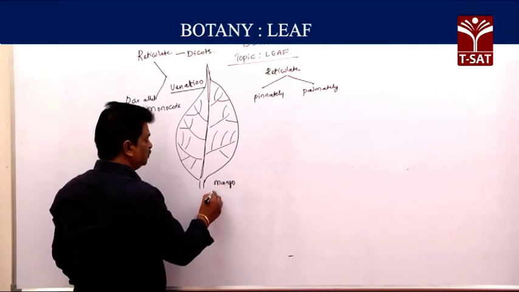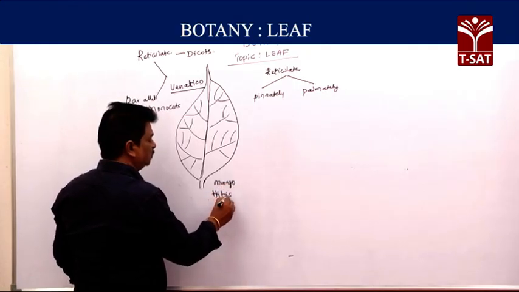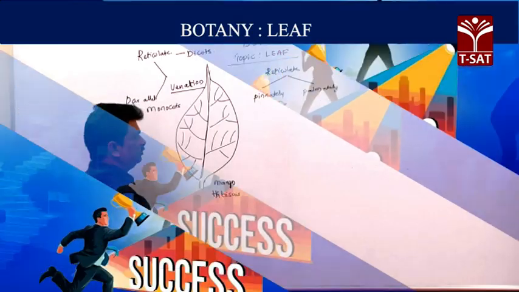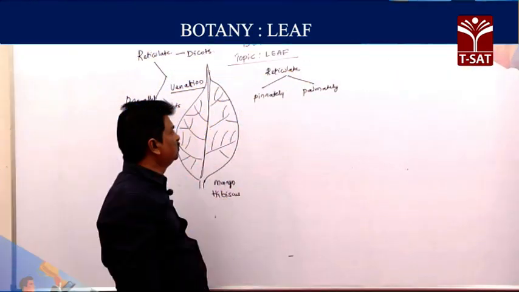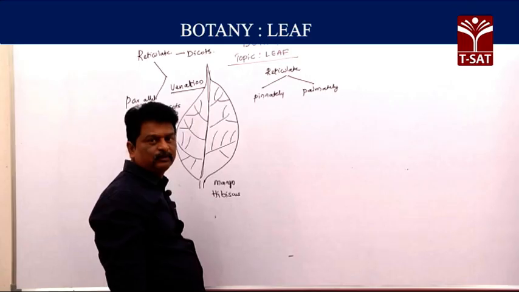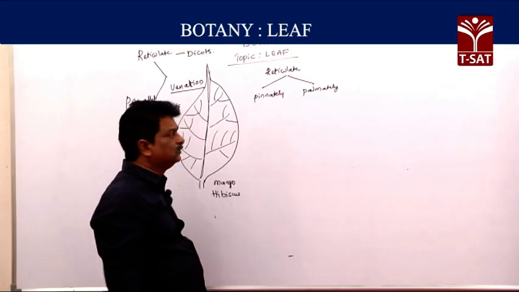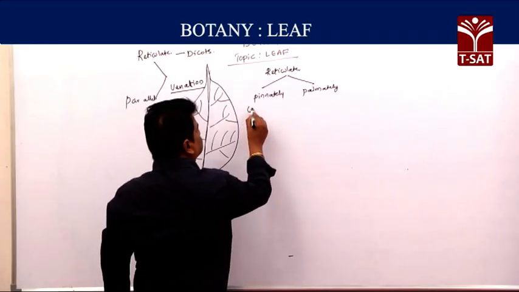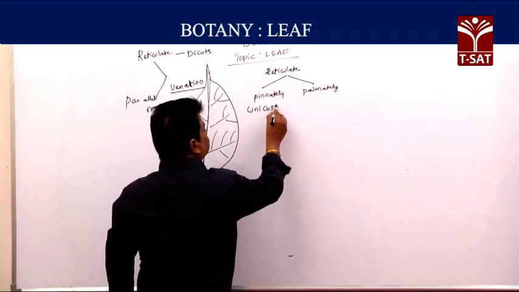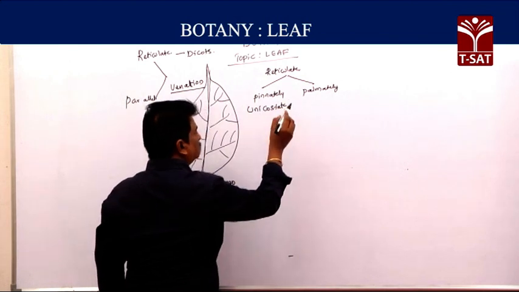Example for reticulate venation: mango and hibiscus. Reticulate venation is of two types, pinnately reticulate and palmately reticulate. Pinnately reticulate is also called unicostate.